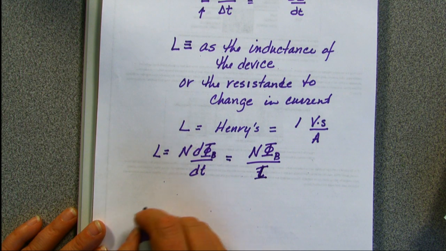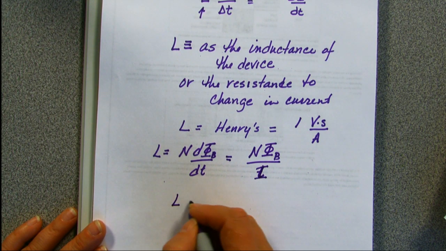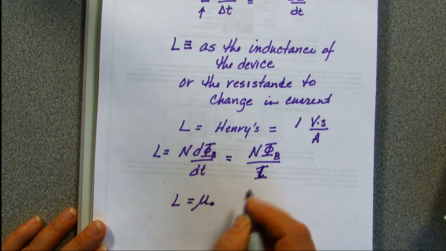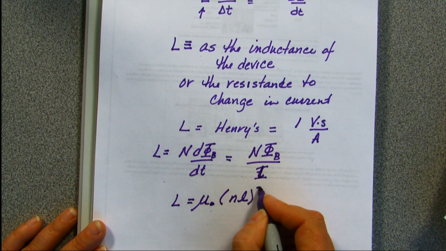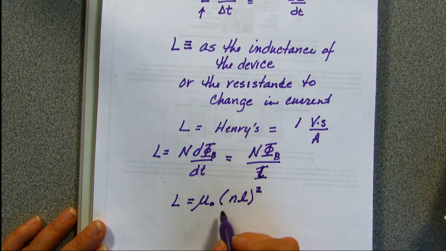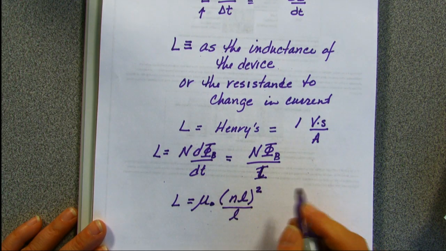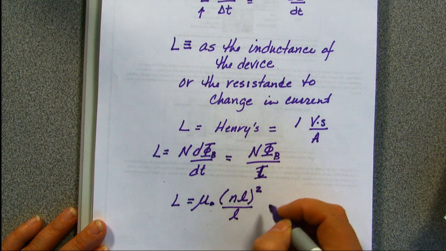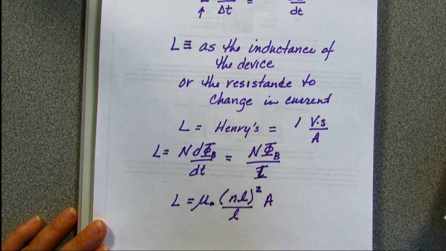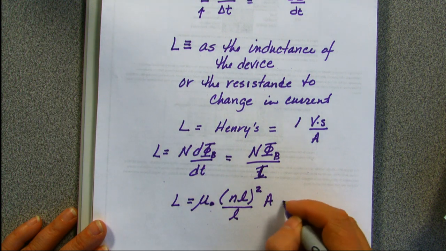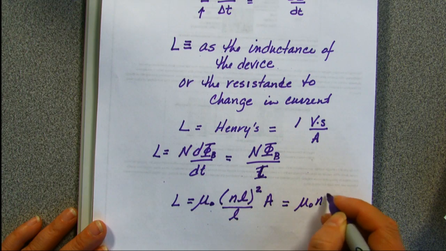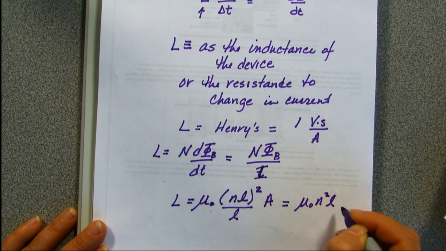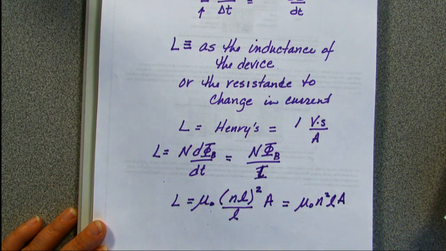For solenoids, L is going to be mu 0 times the number of turns per unit length times the length squared, divided by L, and that's times area, which can be simplified to mu 0 times the number of turns squared, over L, times area.